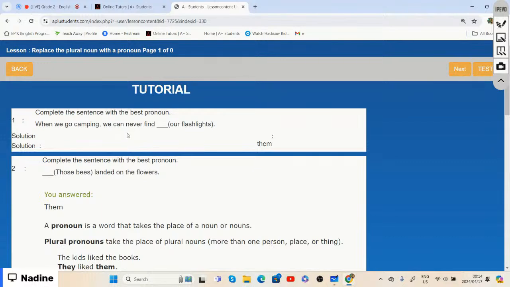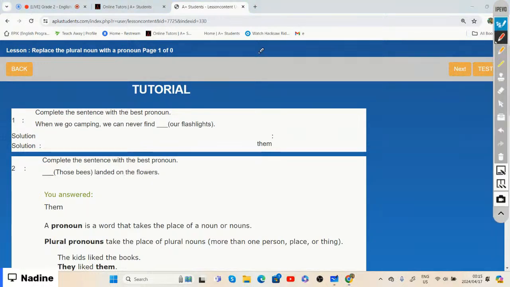We need to replace those words with a pronoun, that's either we, you, they, us, or them. So when we go camping, we can never find what? We can never find our flashlights. We need to replace the words our flashlights.